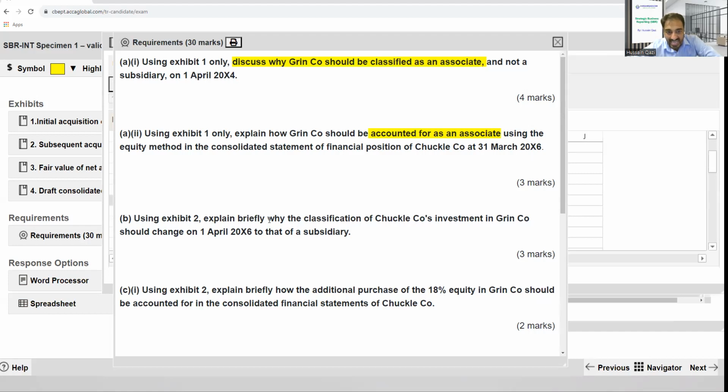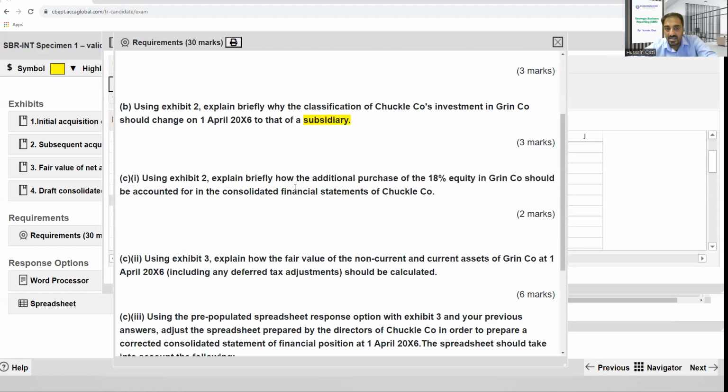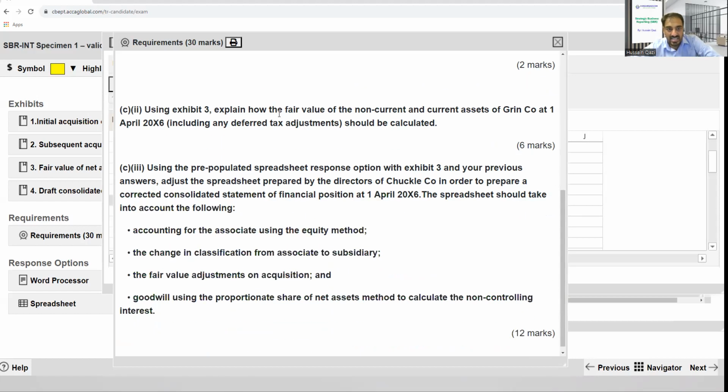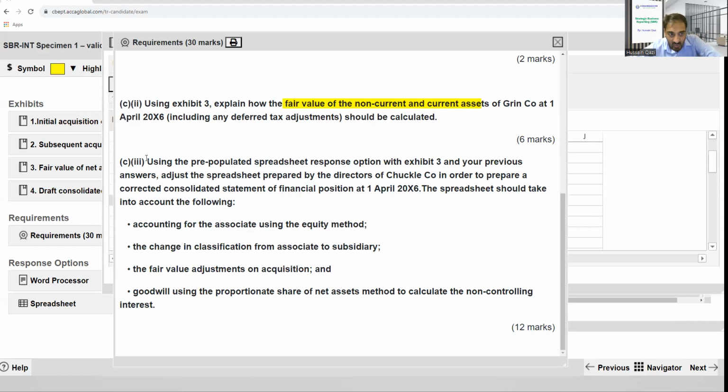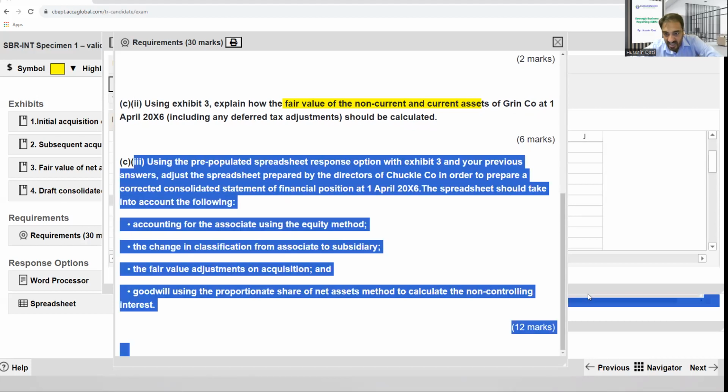A2: why classification changes to subsidiary, and how to account for the additional purchase of 18%. I'm not discussing the technical points. Then the fair value adjustment. And this is the change here.